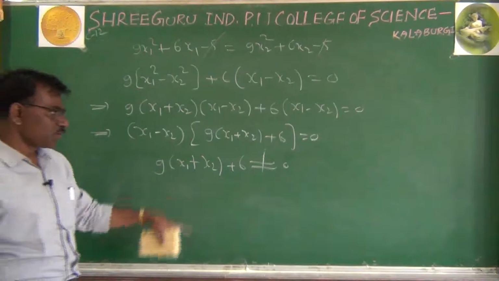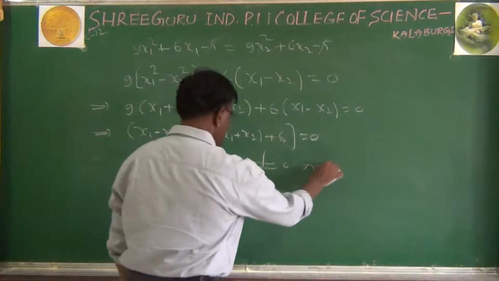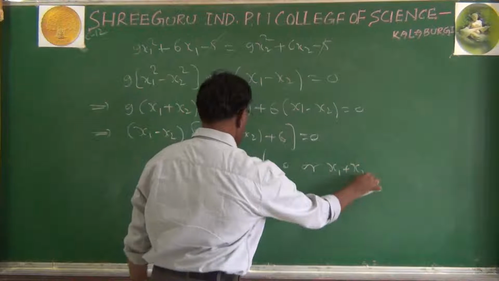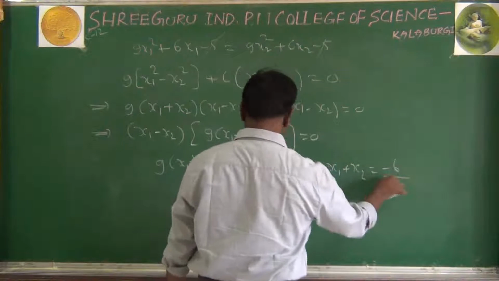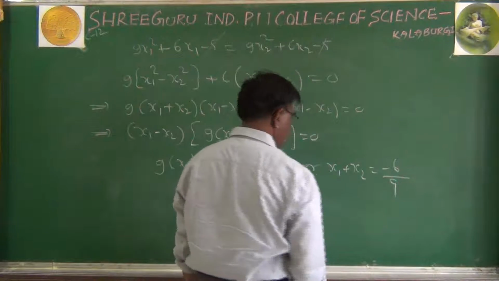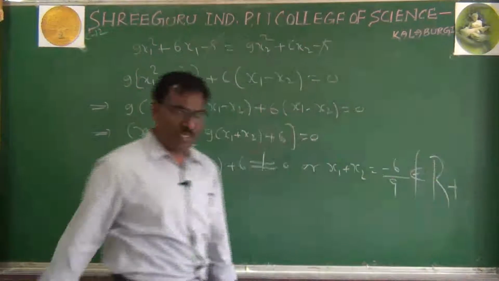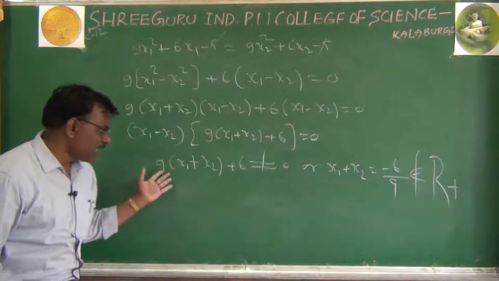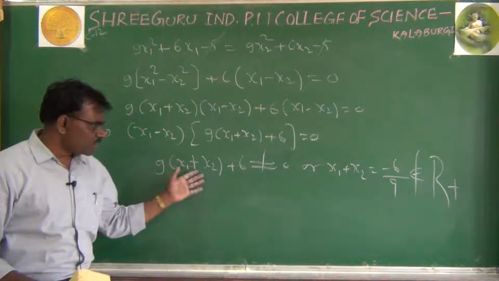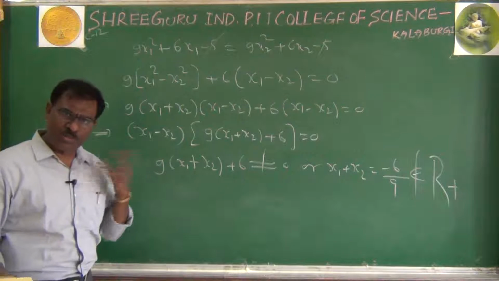Even x1 plus x2, it is minus 6 by 9, which does not belong to R plus. Not possible. Even if I take 9 into x1 plus x2 plus 6 not equal to 0, no problem.